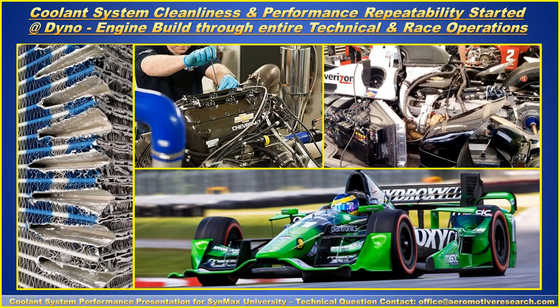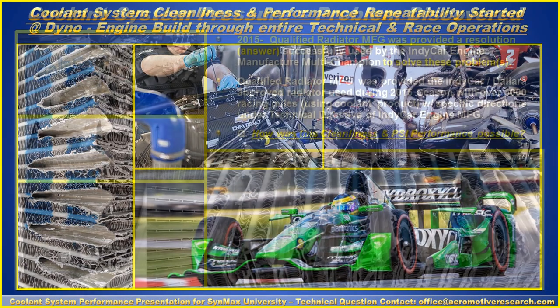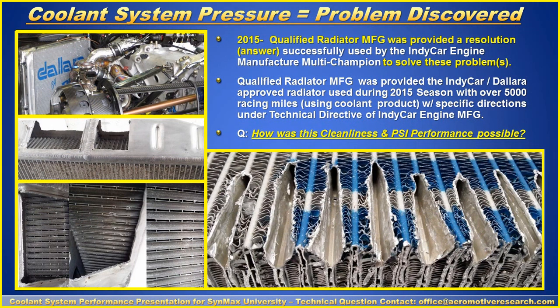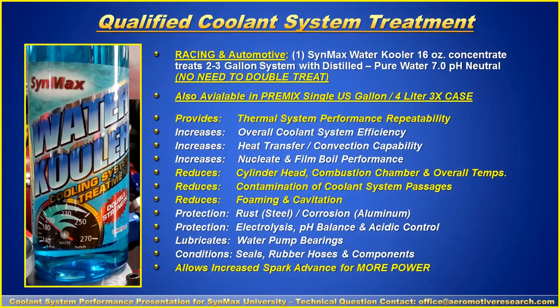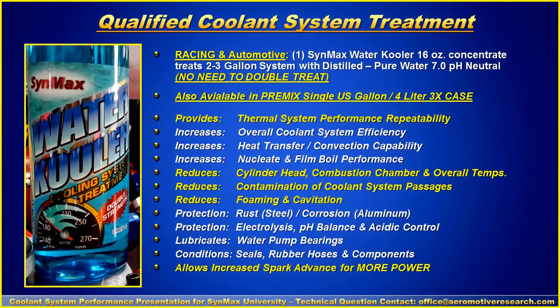Here is a copy of the radiator at 4,000 racing miles. Here is that radiator again, 4,000 racing miles. Okay, clean, like brand new. The only reason they replaced it was because it was the end of the year. Again, Water Kooler providing protection for the cylinder heads, for the heat transfer, the rust and the metals, and the metal hydrates.